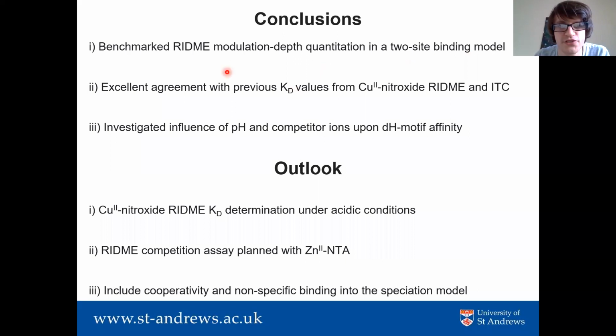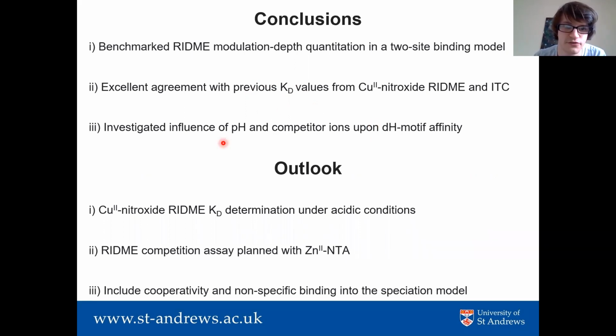We were able to benchmark the previous work using copper nitroxide RIDME for a simple one-site binding model, and extend that to a two-site binding model using copper-copper RIDME. We found previous KD values from both ITC and copper nitroxide RIDME to be in excellent agreement with our empirical observations.